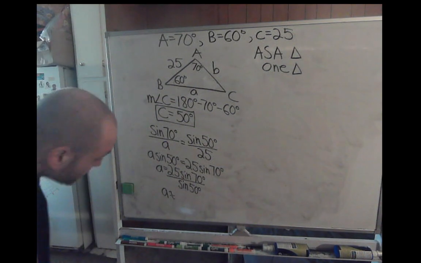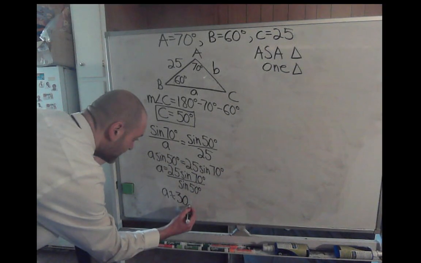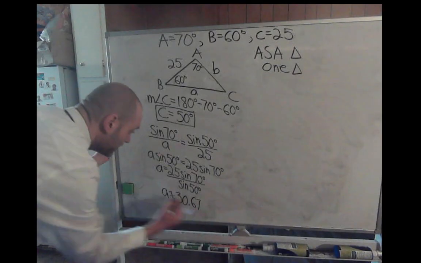You get about 30.67. So side A would be about 30.67.